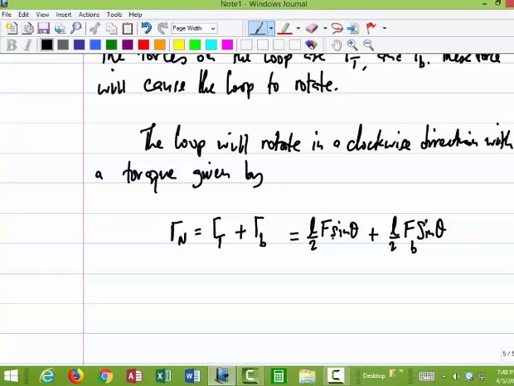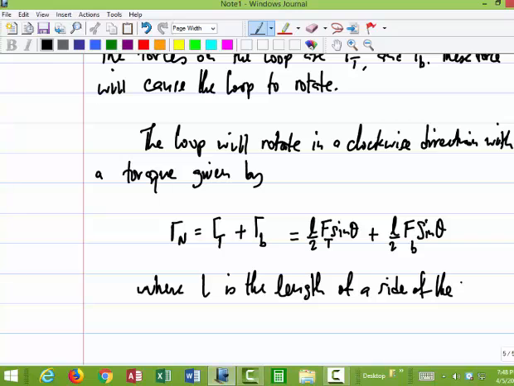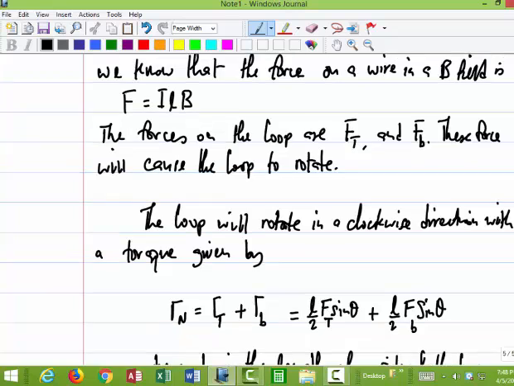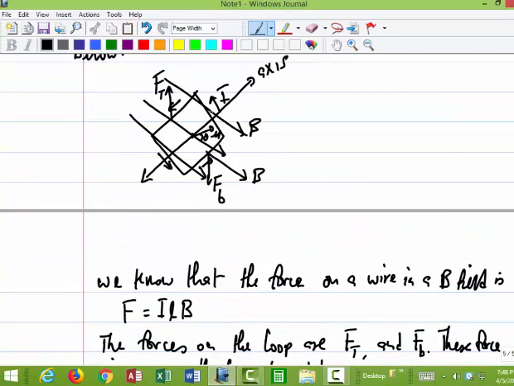So F bottom, F top, where L is the length of a side of the loop. And so I take L over 2 because it's rotating about an axis through the center.